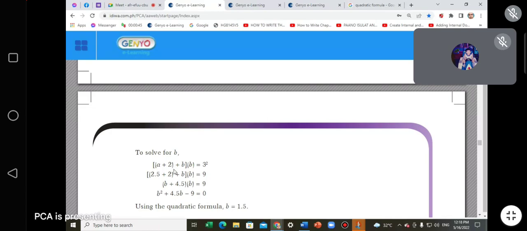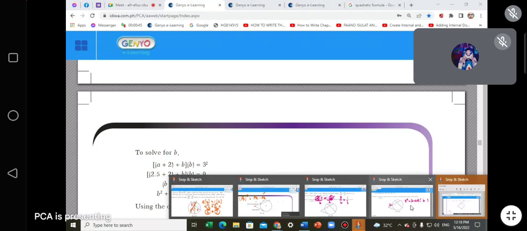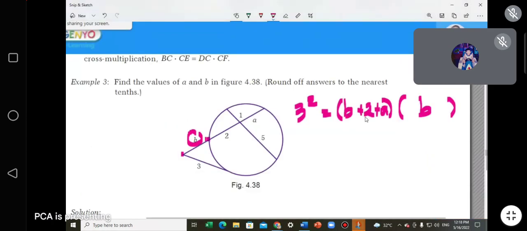A plus 2 in parentheses plus B is too long, so I wrote it straight: B plus 2 plus A, or 2 plus A plus B. It's up to you.